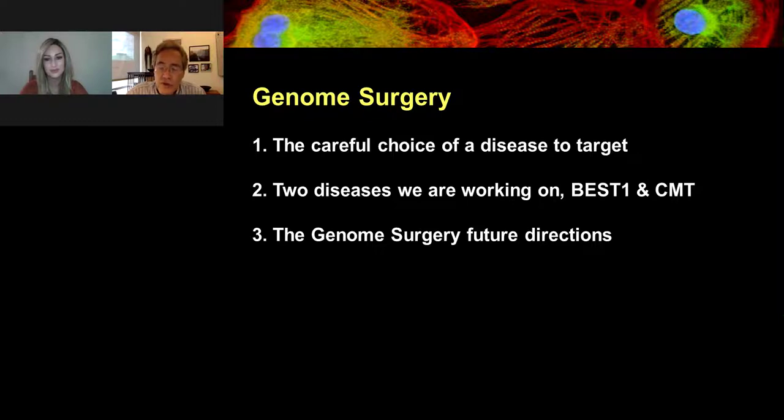Of course, the research and development will be potentially expensive, but that's something that hopefully we can try to cover with philanthropy or other purposes. So it's possible that genome surgery itself, for certain settings, actually could be reasonably priced.